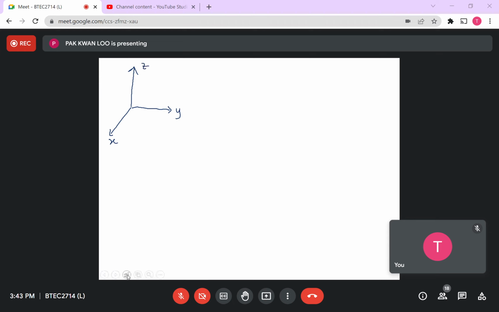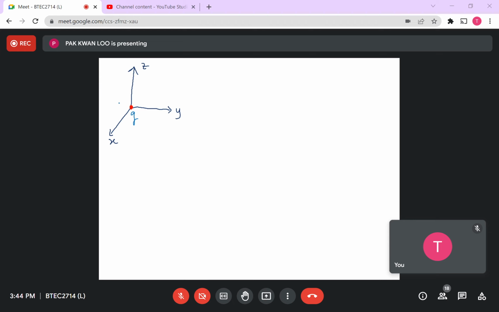This point charge is represented by a dot. So a point charge Q.